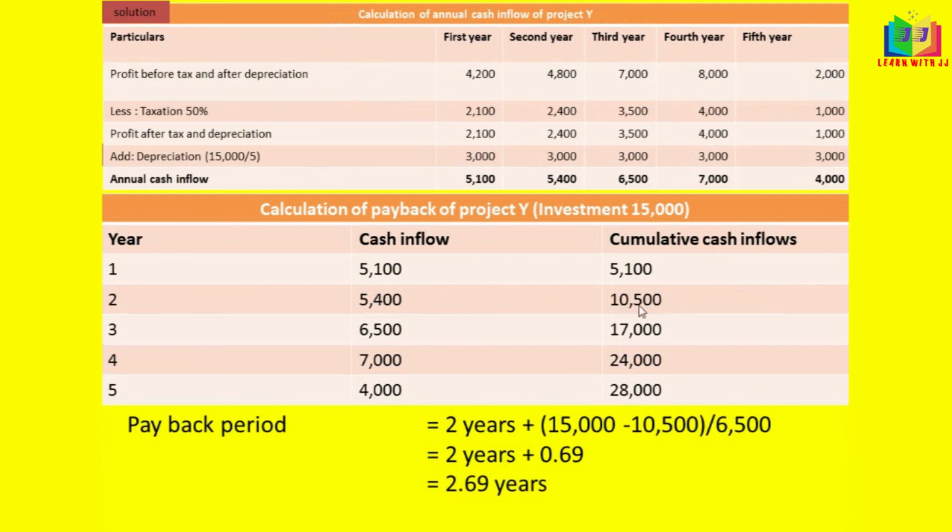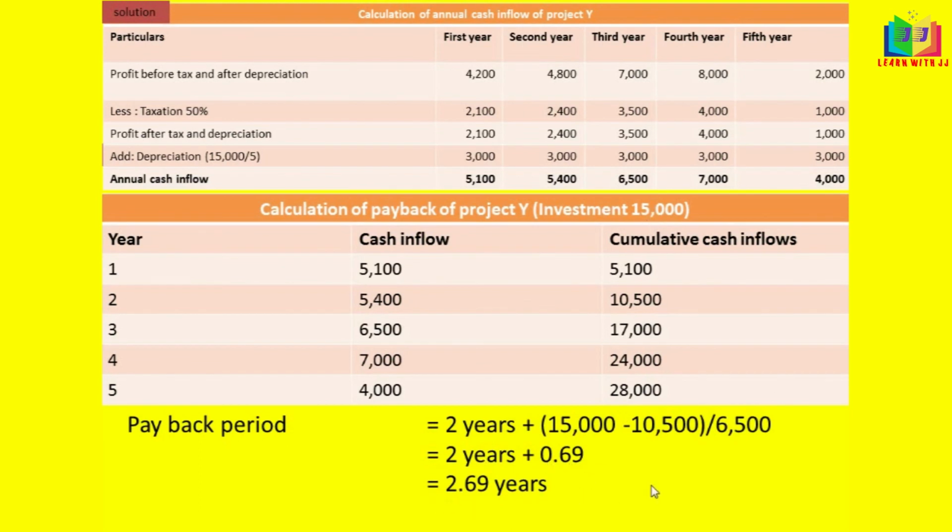We got 0.69. If we add it, we'll get 2.69 years. Project Y takes 2.69 years to get back the initial investment, that is 15,000. That is the payback period of project Y.